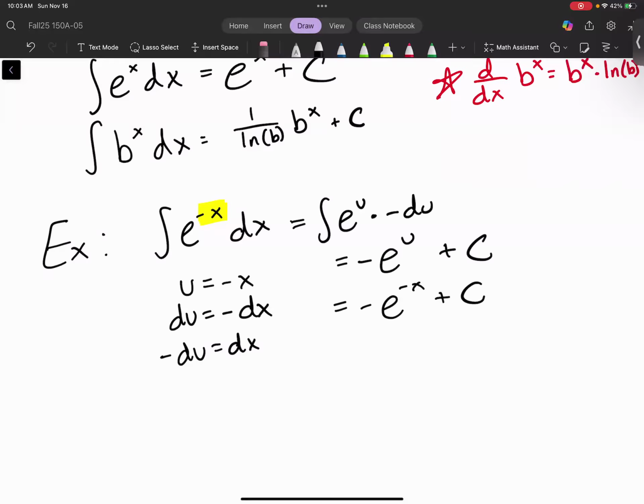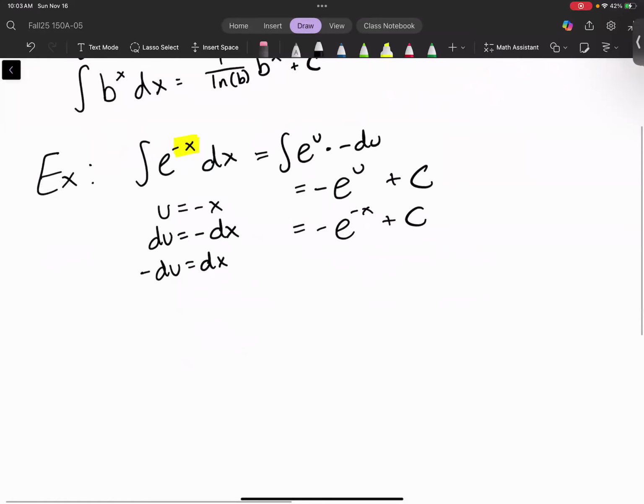If you watched the last couple minutes in the previous video, and you internalized it, we could have just jumped ahead, and I'd notice my inner function is linear. It's just a constant times x.